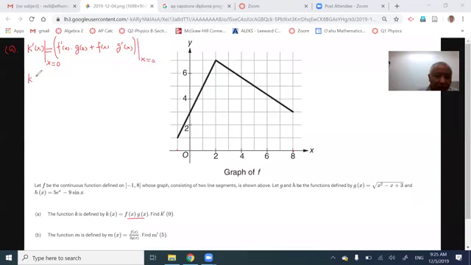So you're going to have k'(0) equals f'(0) times g(0), plus f(0) times g'(0). So that's what we need to find the k derivative when x equals 0.